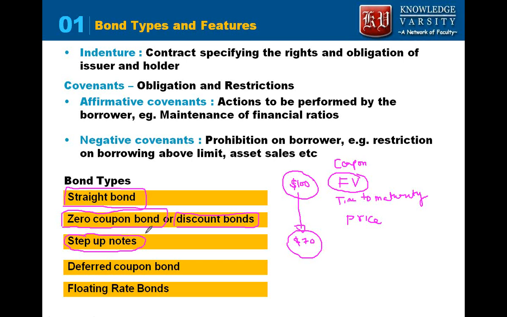There are some bonds which do not pay coupon for a specified period of time. They are called deferred coupon bonds. So it is a combination of a zero coupon and a straight bond. For a certain number of years, so if the bond is for, let's say, 10 years, for let's say 3 years it will not pay any coupon, and at the end of the third year or fourth year it will pay all the coupons in bulk.